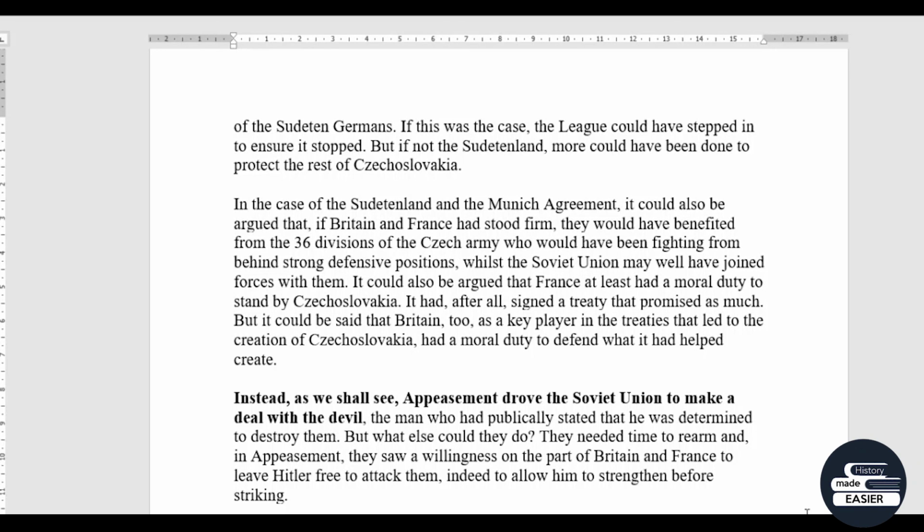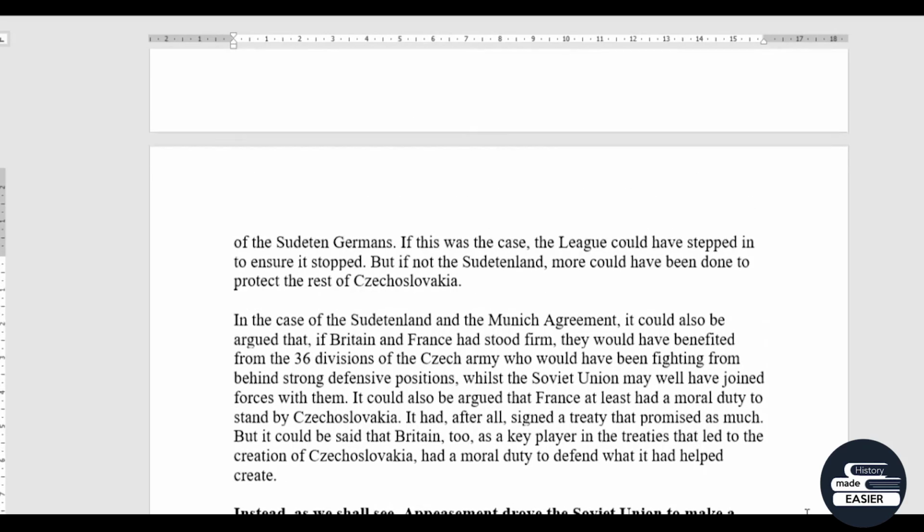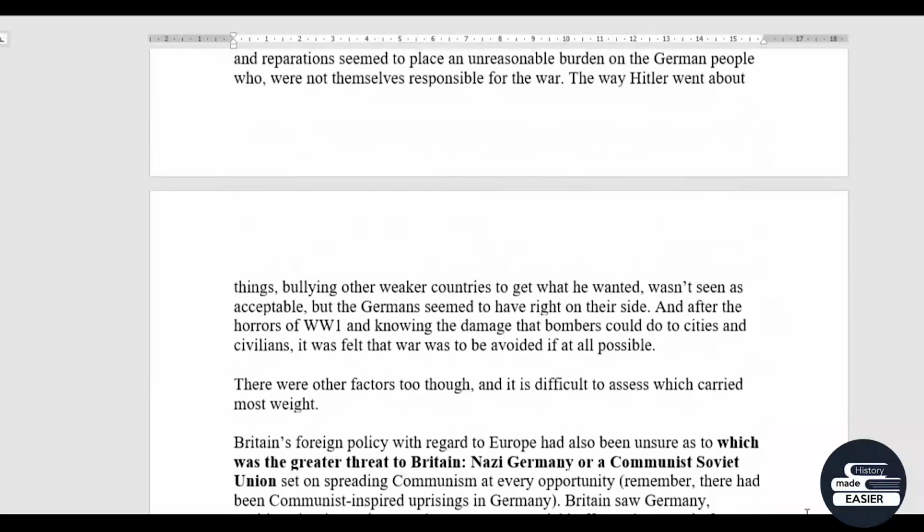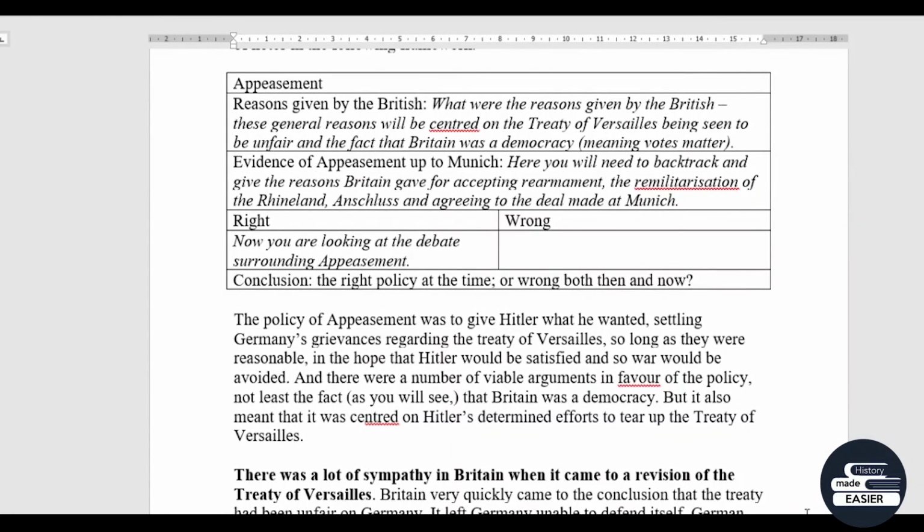And so, if I whiz back to my notes framework, there's our overview of appeasement.